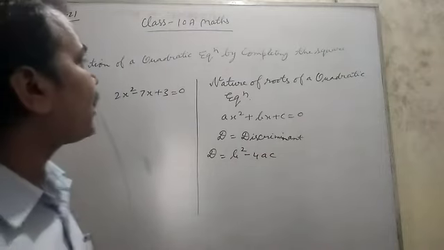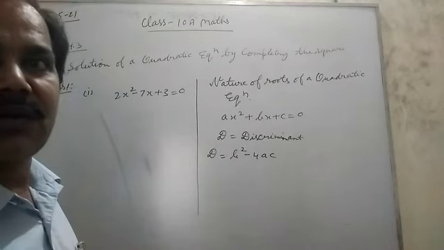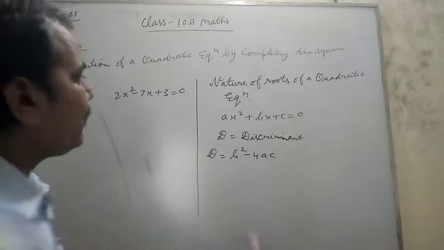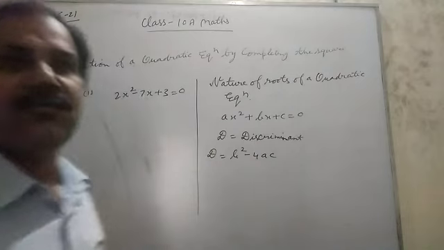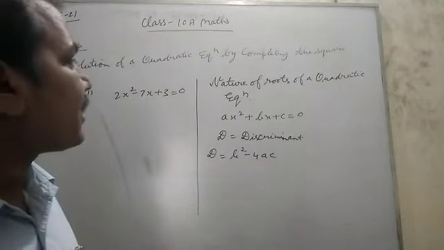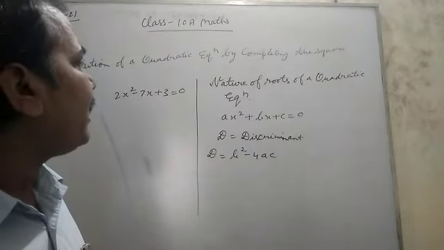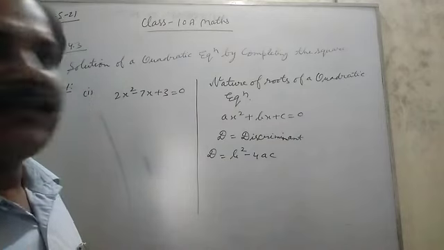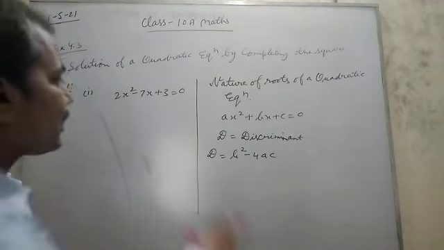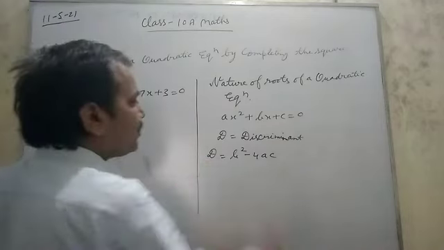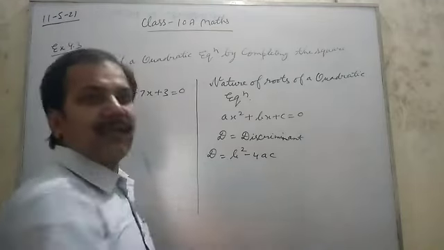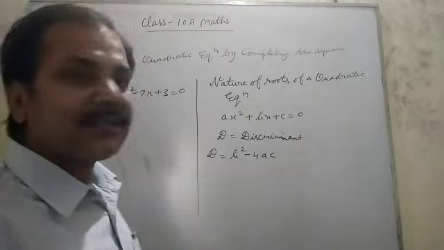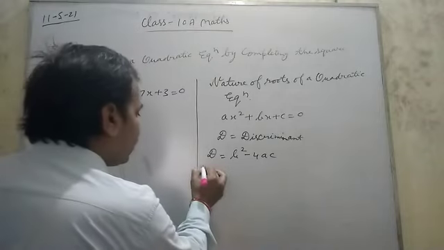Means if any quadratic equation is given, we will compare that equation with ax square plus bx plus c is equal to 0, and after comparing we find a, b and c values, and after that in D is equal to b square minus 4ac we put the values of a, b and c, and then check the conditions.